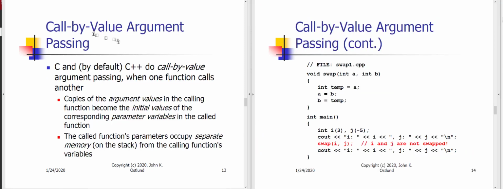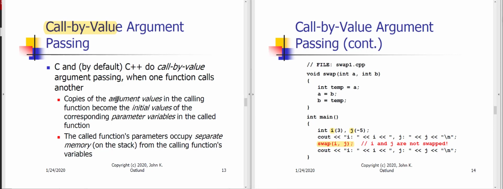Okay, the next thing that we're going to take a look at is the default call by value argument passing mechanism that C and C++ use to pass values into functions. When you call a function, for example, here in main, I have two int variables, I and j, that have been declared and initialized, and I'm calling this function named swap with the variables I and j as arguments.